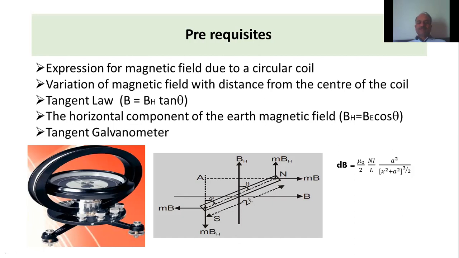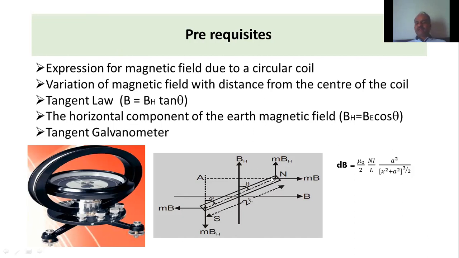So the tangent law is given by B is equal to BH tan theta, where theta is the angle between the resultant magnetic field, or the axis of the compass, and the Earth's magnetic field. That is the meaning.